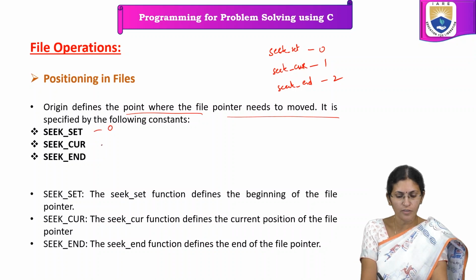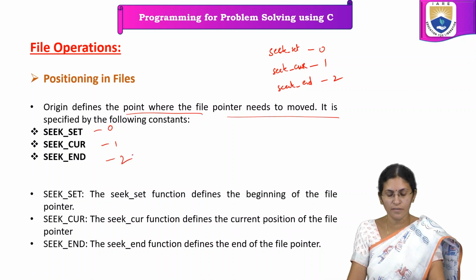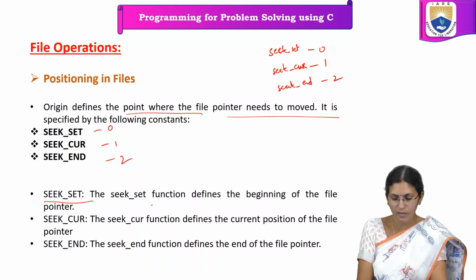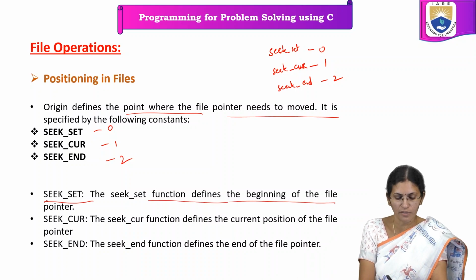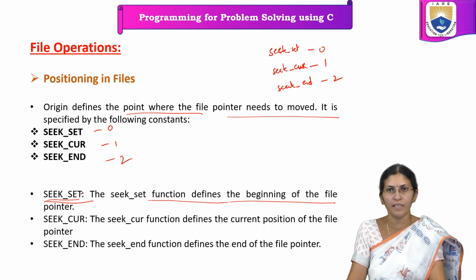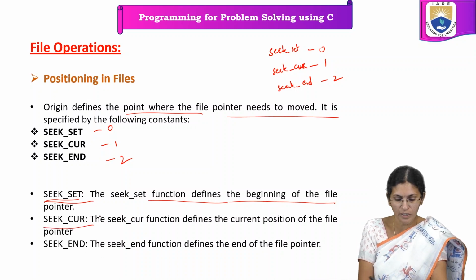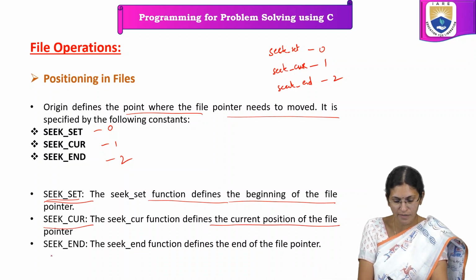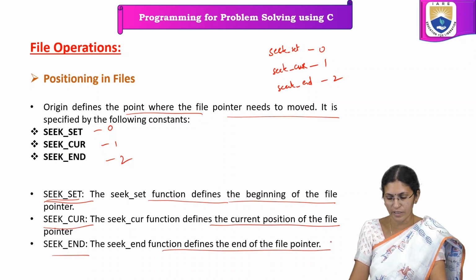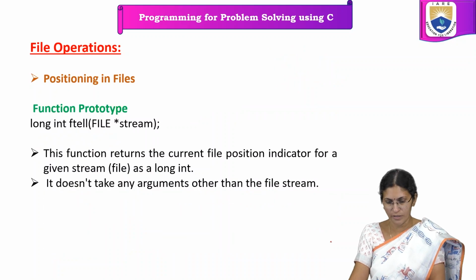SEEK_SET defines the beginning of the file, so the file pointer is at the beginning of the file. SEEK_CUR defines the current position of the file pointer, and SEEK_END defines the end of the file.